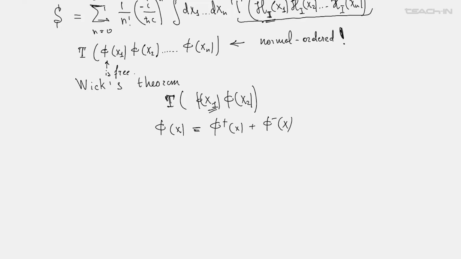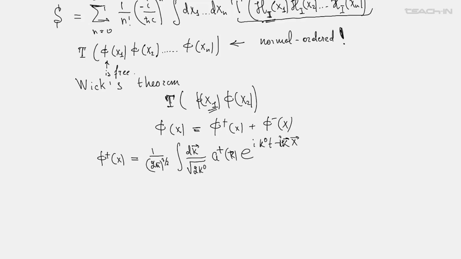So it's 1 divided by (2 pi) to the power 3 over 2 prefactor, and then an integral with this measure over k, where k0 is equal to omega on k, a dagger on k, and exponential i k0 t minus i k x, right? So this is what we call the positive frequency part, and there is the negative frequency part, which is phi minus.